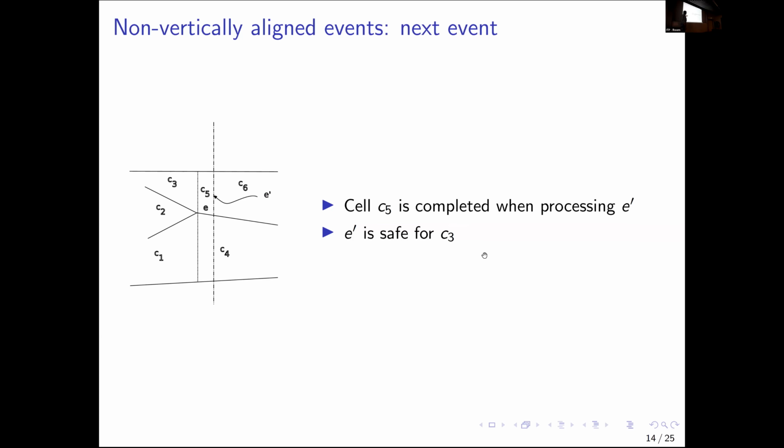This is very interesting because any path going from this side to that side is correct, even if there were obstacles. If you go from a place here that is not one of the unsafe points, then it's okay. And if E prime is considered to be an unsafe point, then the trajectories from here to here and from here to here, from the left-hand side of C5 to the right-hand side of C5, are correct.